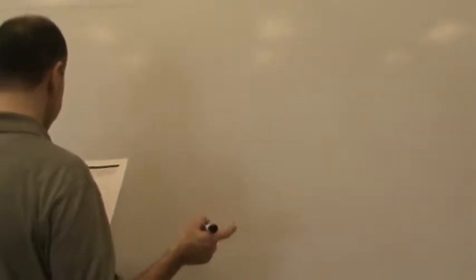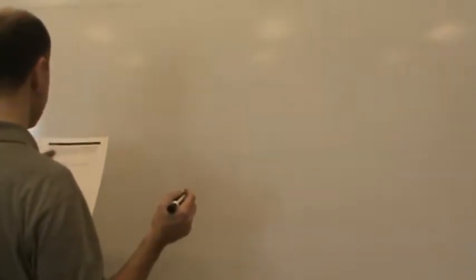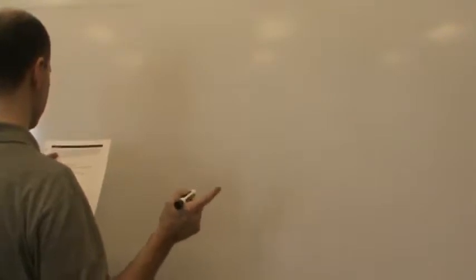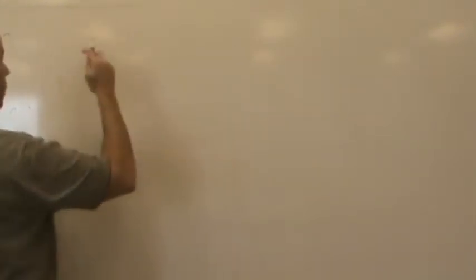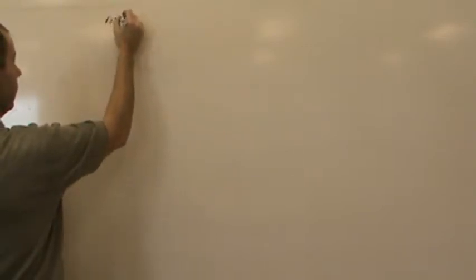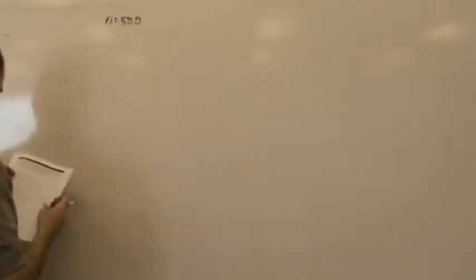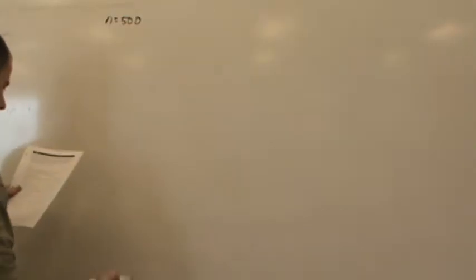Okay, so the first thing I'm going to do is write down the information. It says 500 randomly selected adult residents in the city were surveyed. So what is that? That's going to be our N. So N is 500. And then of those 500, 421 said yes.